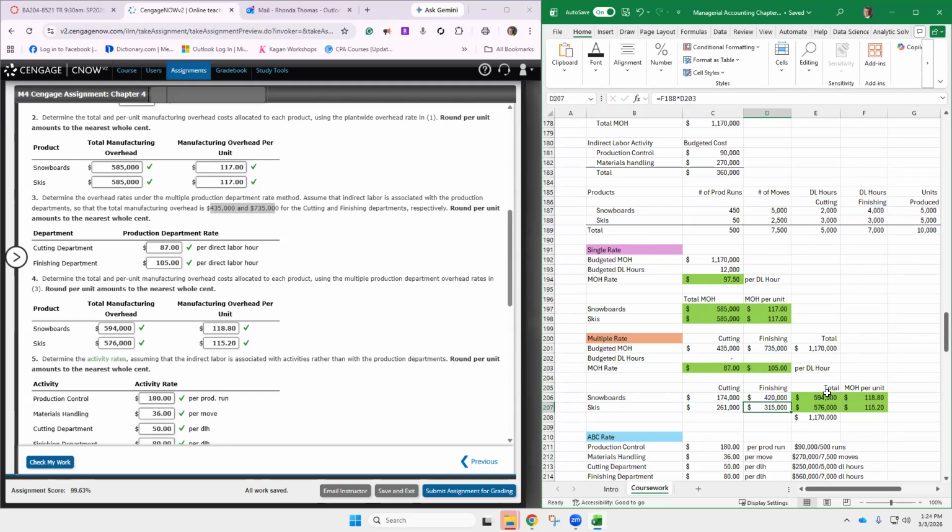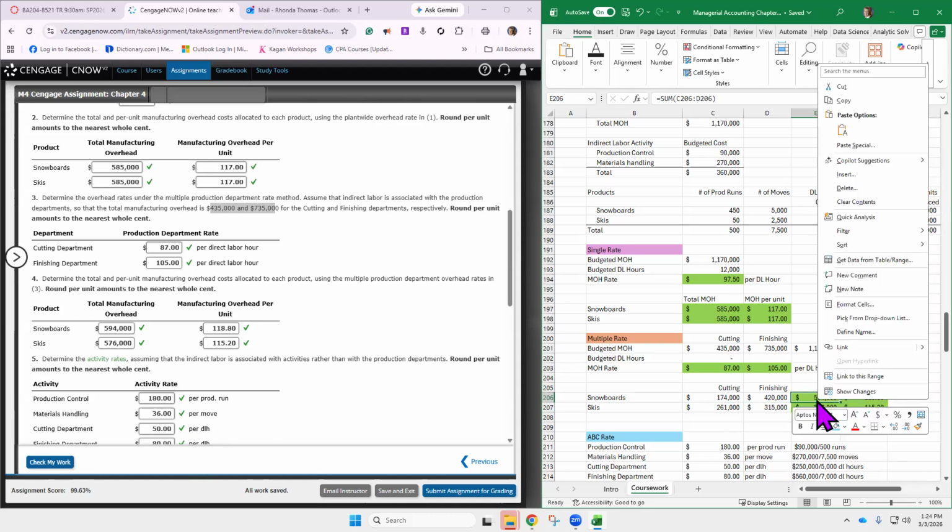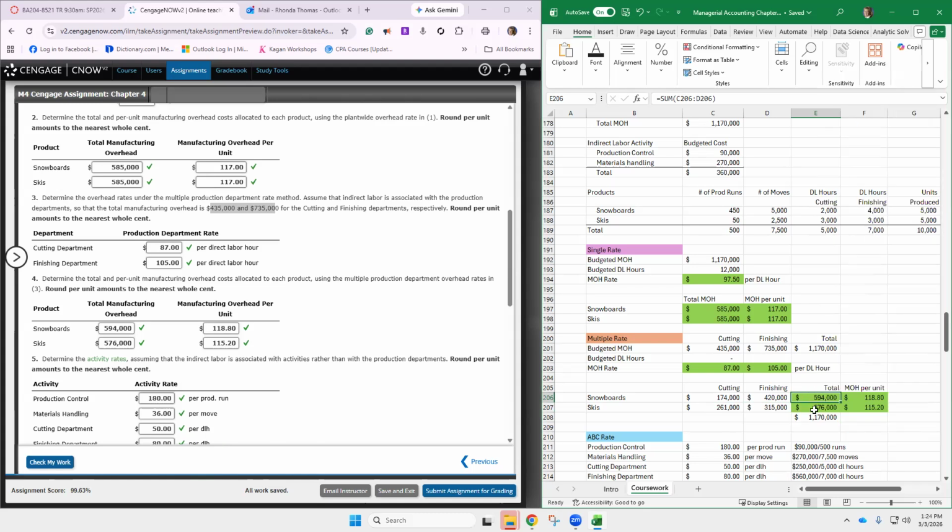When those two get added together, you get 594,000. You divide by the number of units, which is 5,000 units, and you get $118.80.